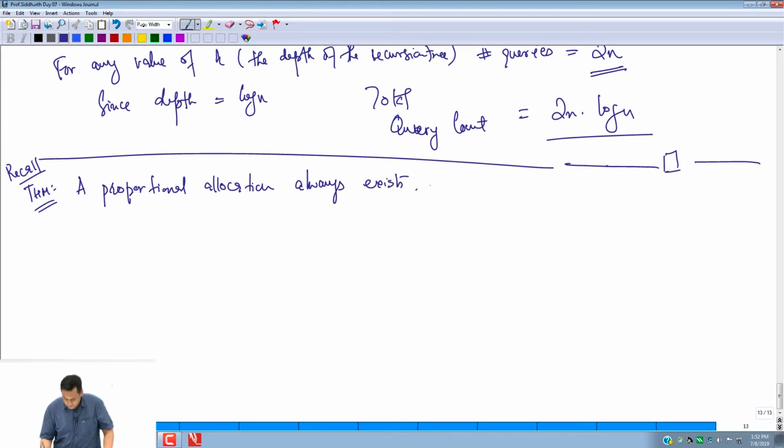And furthermore, this can be computed efficiently even in this general Robertson-Webb query model.